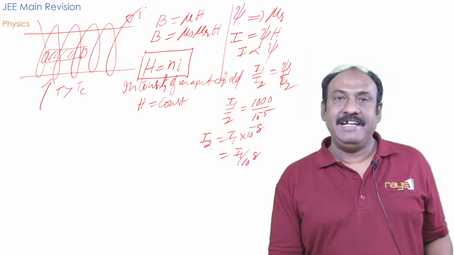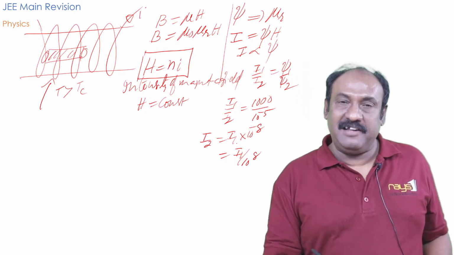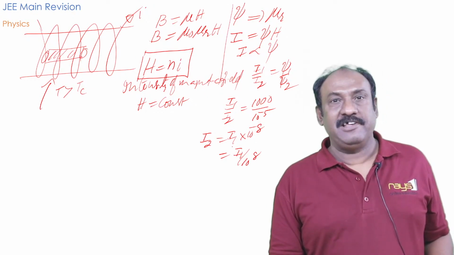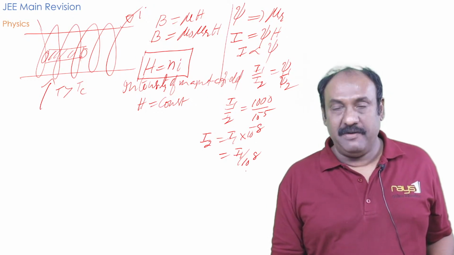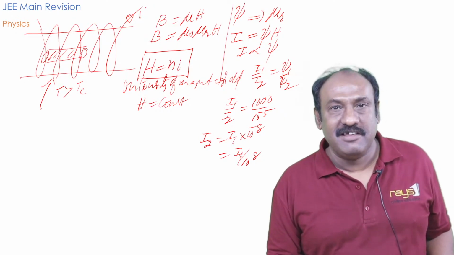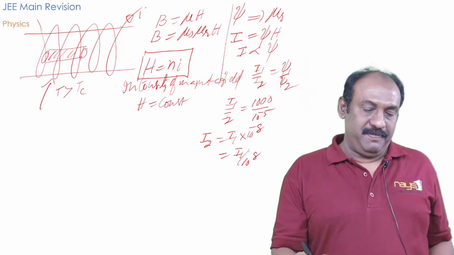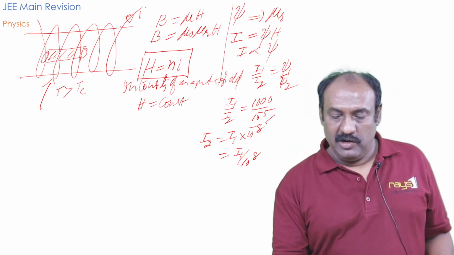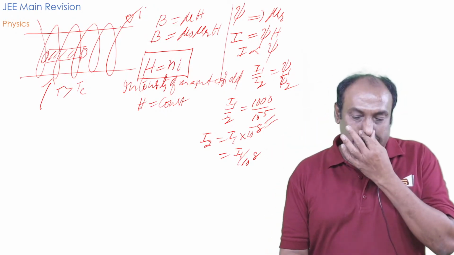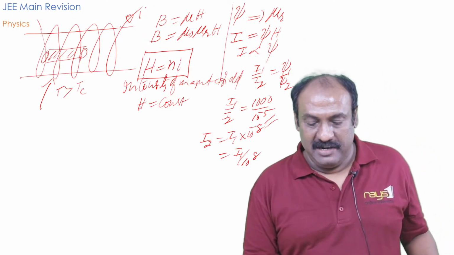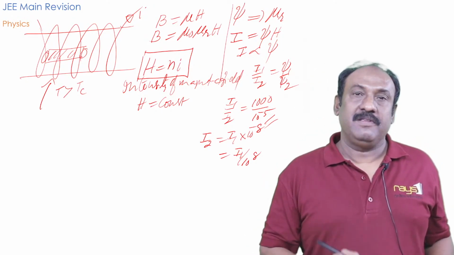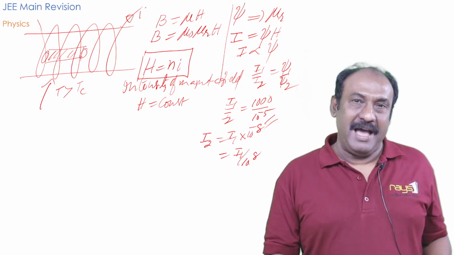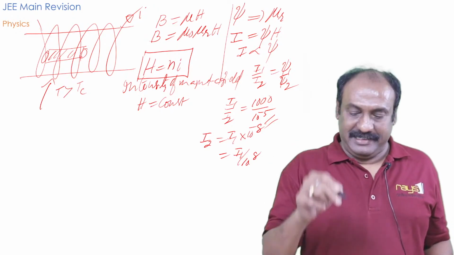So that means the intensity of magnetization reduces by 10 to the power 8 times its initial intensity of magnetization after heating above Curie temperature. For paramagnetic material, intensity of magnetization is in the order of 10 to the power minus 5. Okay. So therefore intensity of magnetization reduces by a factor 1 by 10 power 8.